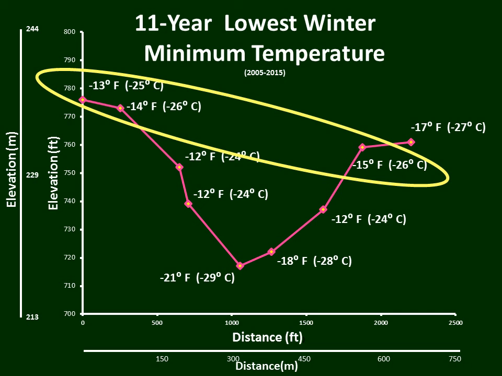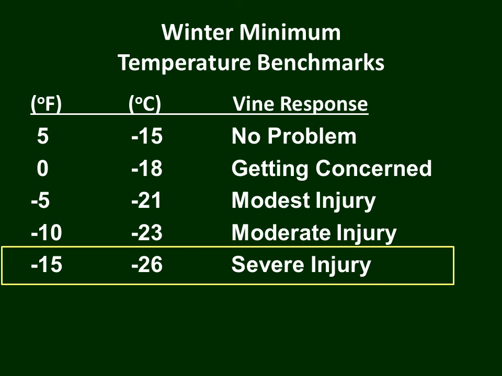Those numbers are low enough that I'm going to put those into a new category all by itself that we're going to say is outright severe injury. And in reality, that is what happened in those locations. Those long rows of Cabernet Franc that we showed you actually got severely winter injured about 3 years ago, and we undertook a massive trunk renewal program and put all new trunks on those vines.